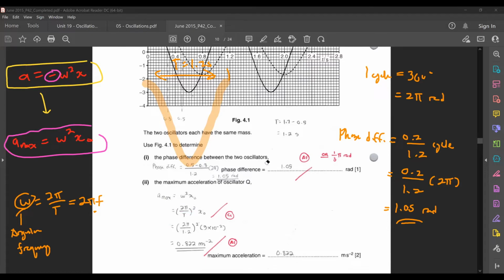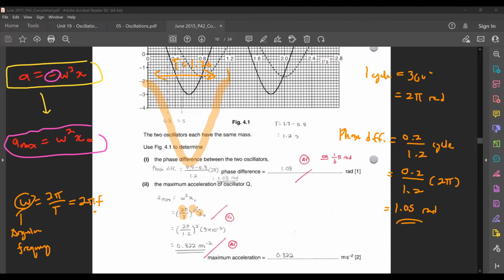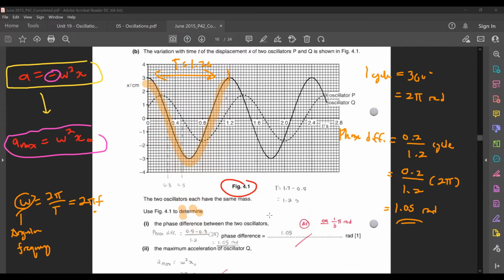From there you can find out your omega. So it is 2 pi over T, squared, and then multiply with your x naught. Your x naught is your amplitude. But which amplitude should you take? You should take the amplitude for oscillator Q, as they specifically told you. Oscillator Q is the solid line, the orange colored line I just highlighted here.